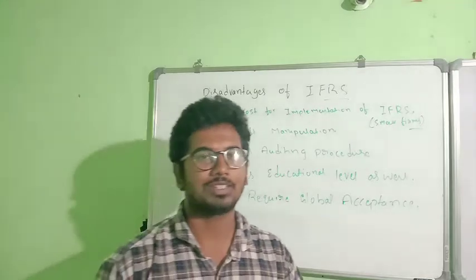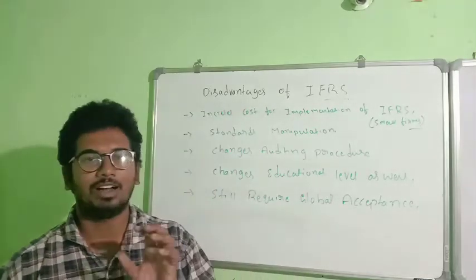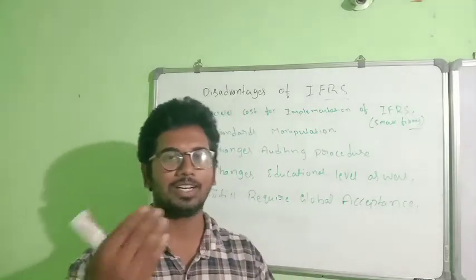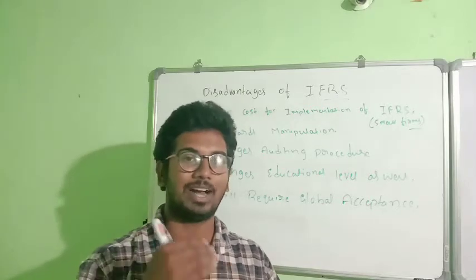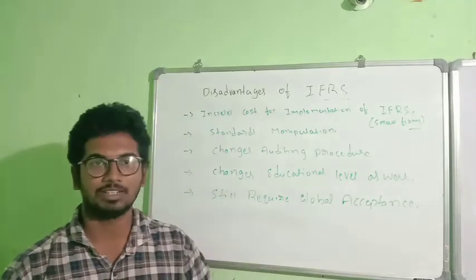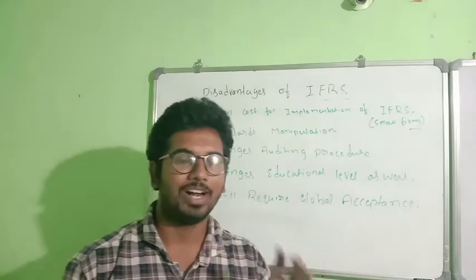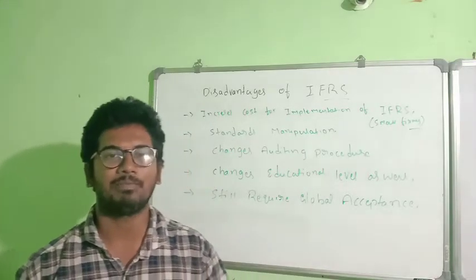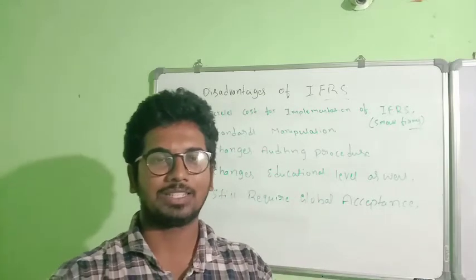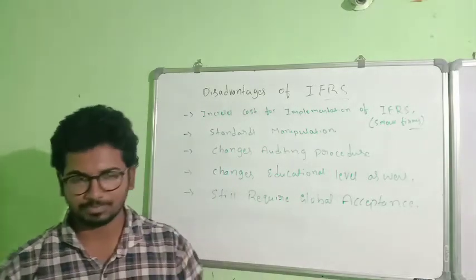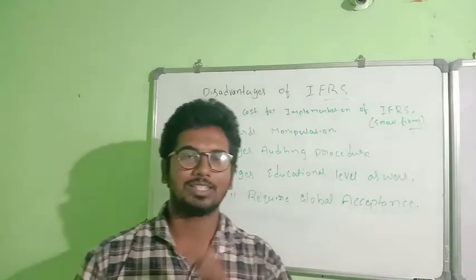IFRS is already mandatory for certain companies with specified conditions. Even if it is mandated for small companies, it will be a financial burden for the company to implement IFRS. For example, take GST.